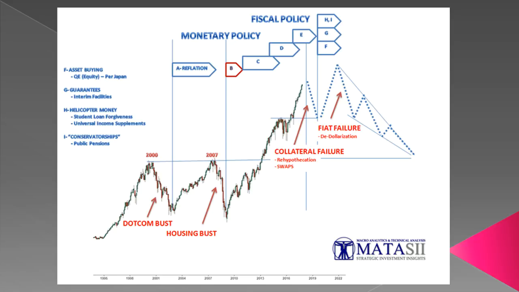But as we go through that, it will fail, because then we will begin to have a failure in the fiat currency. And that'll be primarily driven by a really rapid de-dollarization, which is already underway. It's become obvious with things such as the petro-yuan versus the petrodollar, remembering that the petrodollar is what keeps the US dollar out there, because our trade has fallen off so dramatically, and more countries are willing to take other currencies.